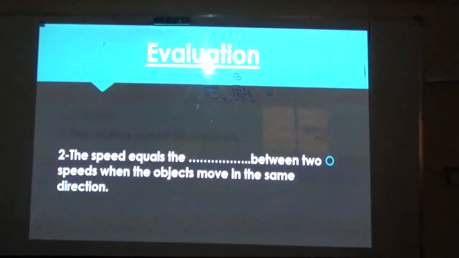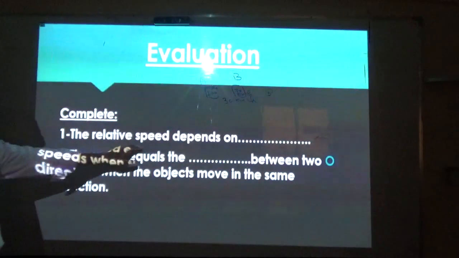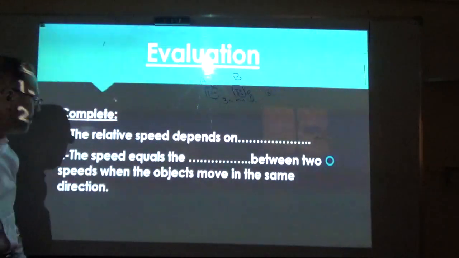Let's try now to solve these questions. Number one, the relative speed depends on what? Position of the observer.